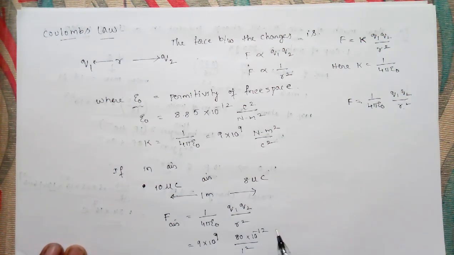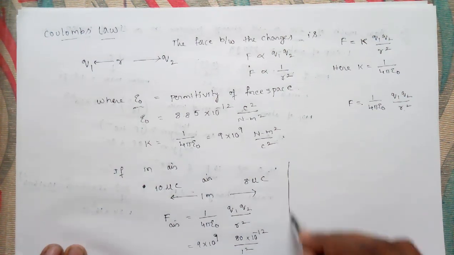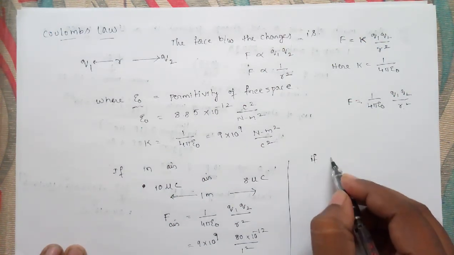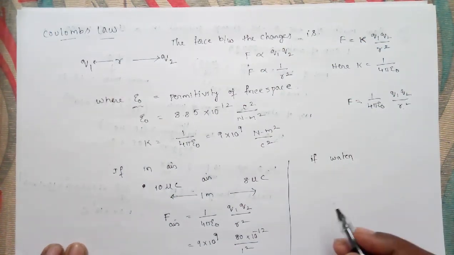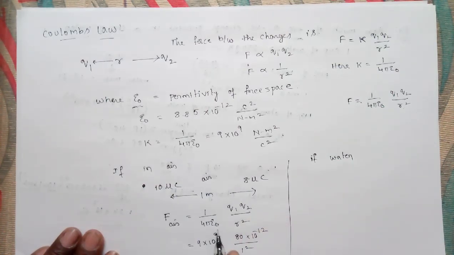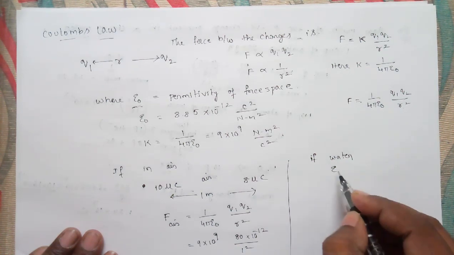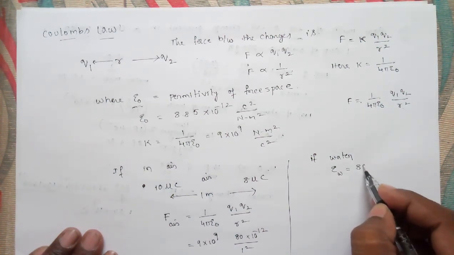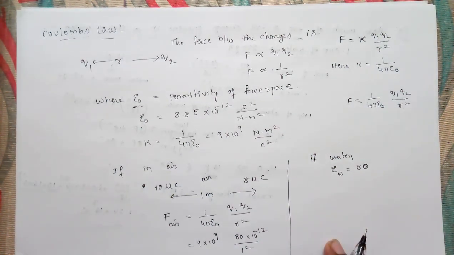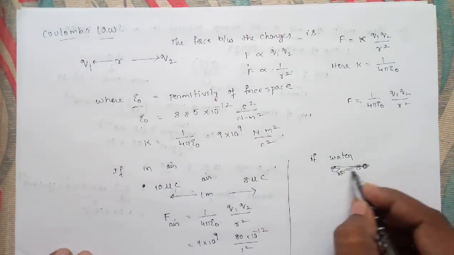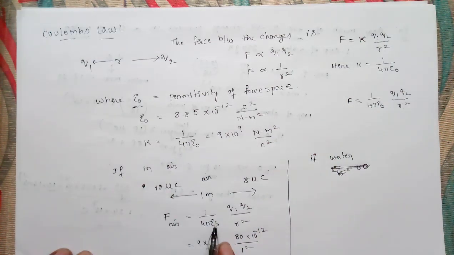But in a medium other than air, say water, the epsilon value is different. The dielectric constant of water is 80, so the force will be 1 by 80 of that.